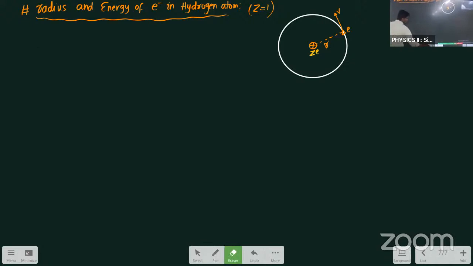What are the forces acting here? Centripetal force is equal to electrostatic force. What is the formula for centripetal force? We know that the formula for centripetal force is mv square by r, which is equal to the force between two electrostatic charges.